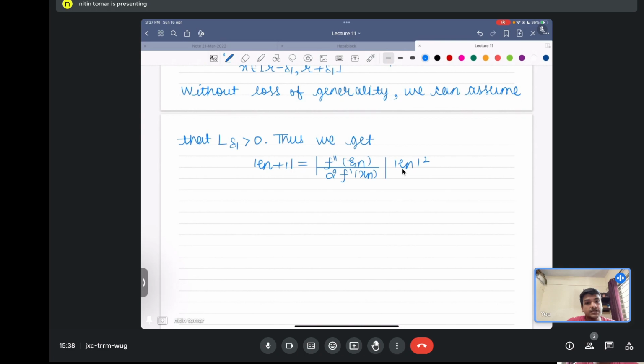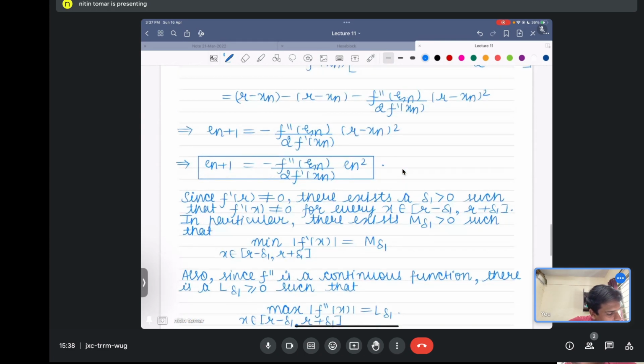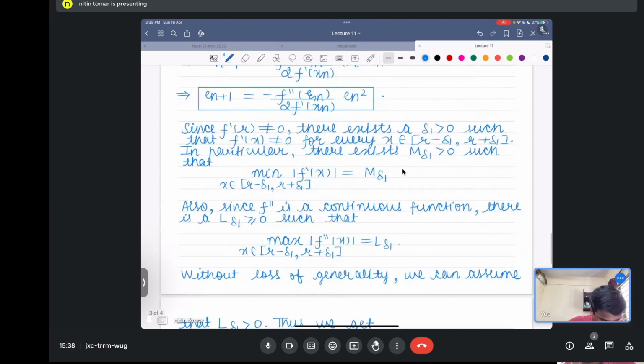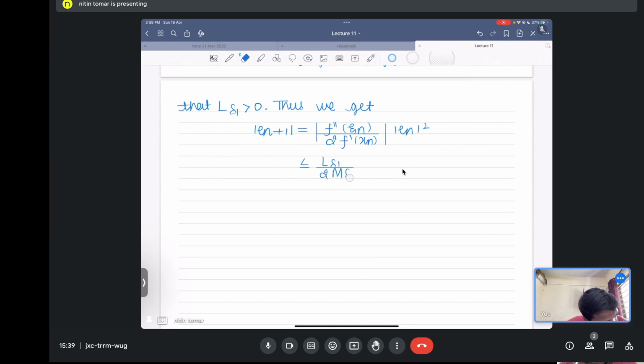You see, because zeta n was in this interval r plus minus delta 1 and x was also in this interval, so we will actually have this L delta 1 by 2 m delta 1 times mod e n square.